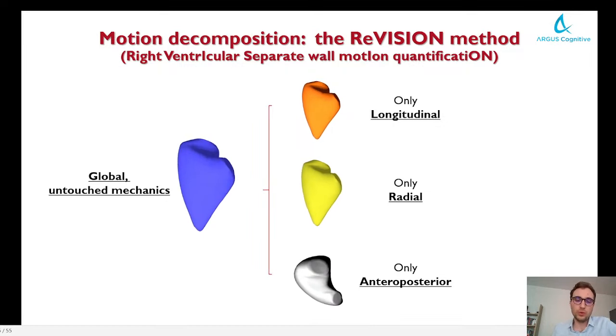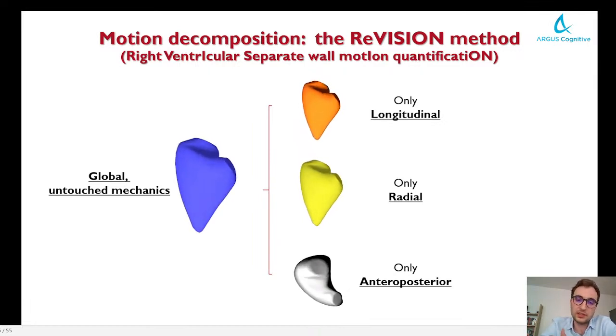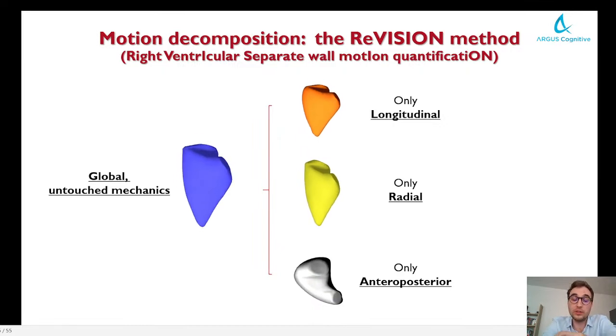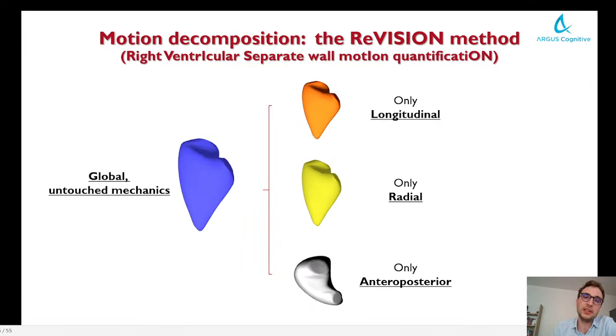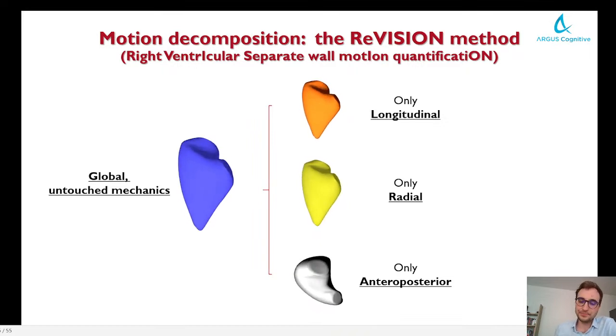So, what about our approach? As we already showed you, the contraction pattern of the right ventricle is quite colorful, quite different in different scenarios. So our method, the RV-SWMQ (right ventricular separate wall motion quantification) method, decomposes the global contraction pattern of the right ventricle.